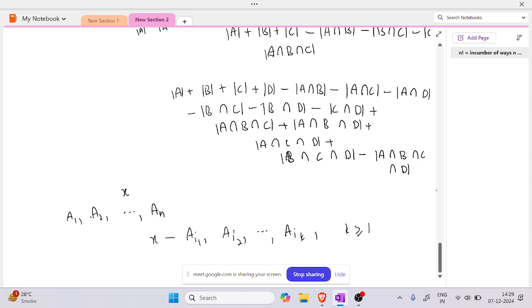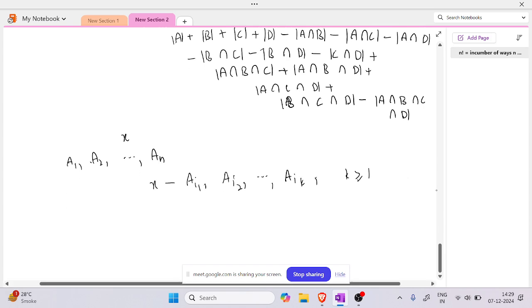Otherwise, for k equal to 0, it will be counted exactly 0 times. And we will show that for k greater than or equal to 1, in this summation where for odd cardinalities you add and for even cardinalities you subtract, x is counted exactly once in this sequence of additions and subtractions.